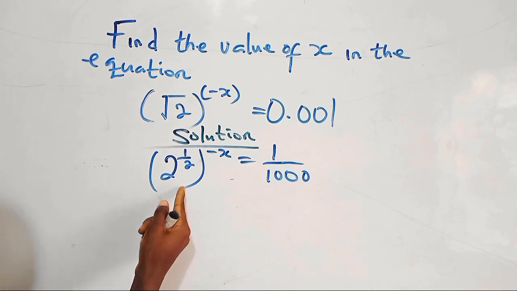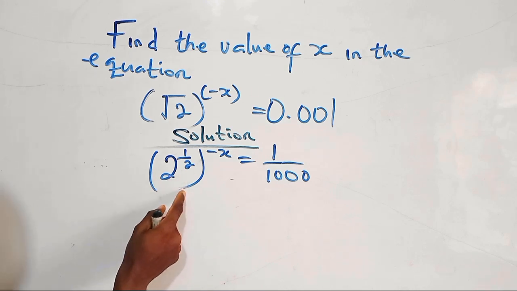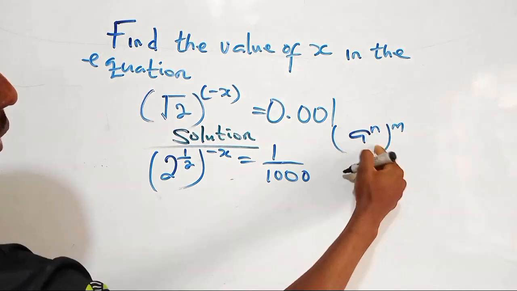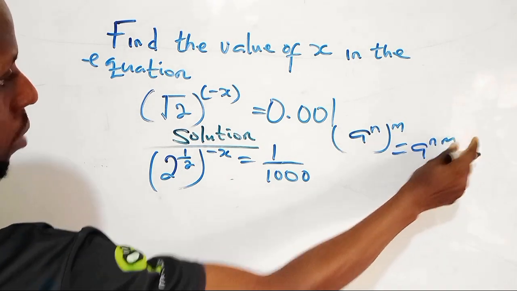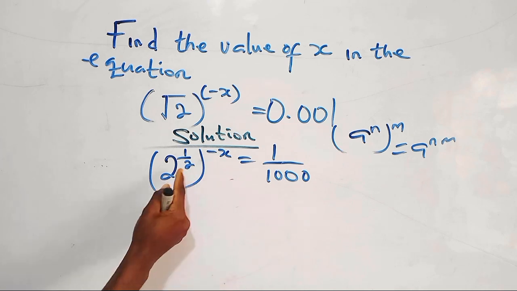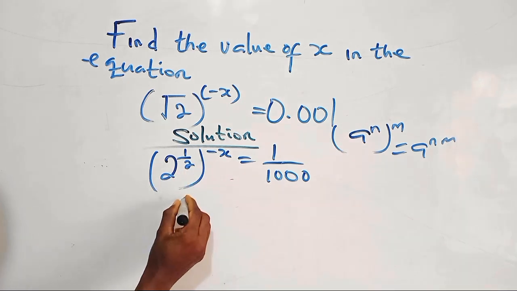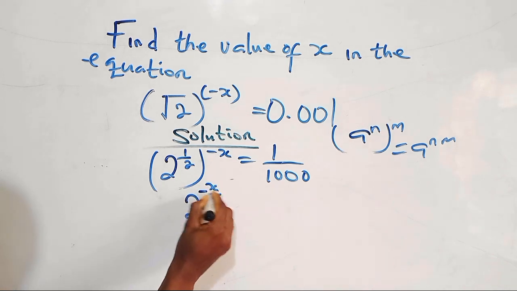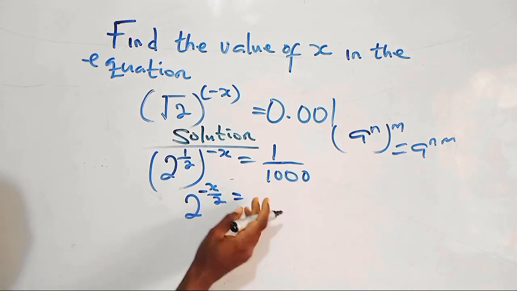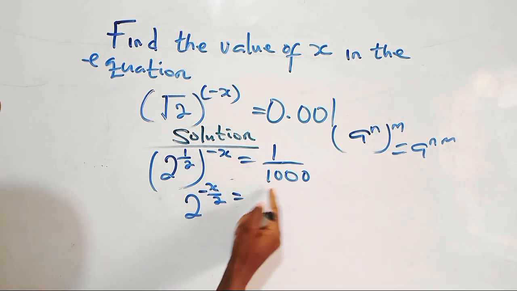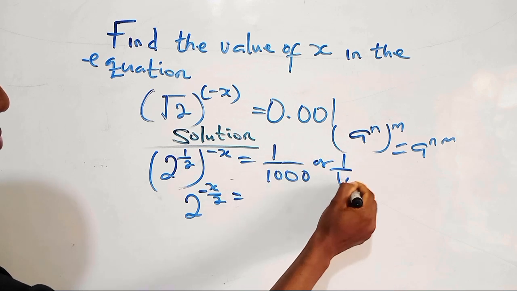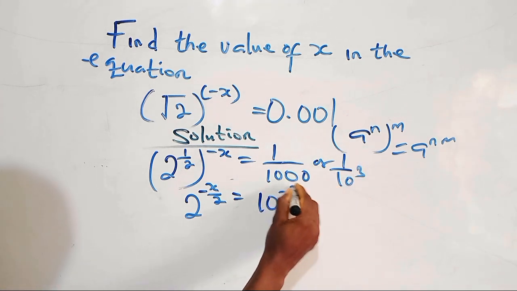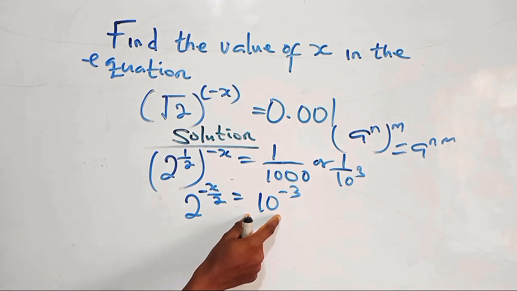From here, I can apply the exponent power rule: when you have something like this, you multiply the indices. Applying it here, you have 2 raised to the power, multiplying this with this, minus x over 2, equals 1 over 10 raised to power 3, or 10 raised to power minus 3, which is the same thing.